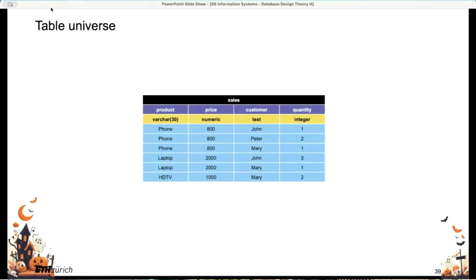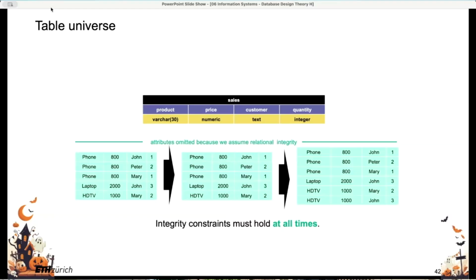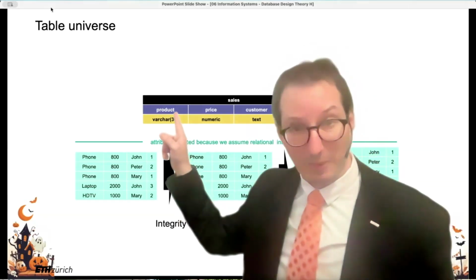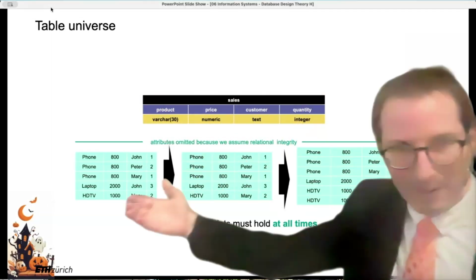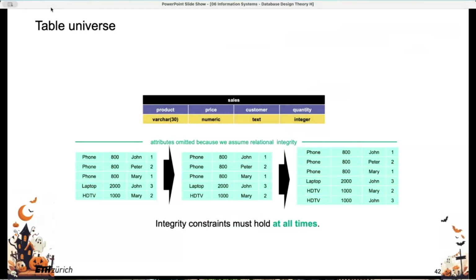So maybe at some point in time, the table looks like this, and then some records get eliminated or added, so it basically changes. What usually doesn't change, or at least more rarely, is the schema, right? So we have the schema, but there are multiple versions of the table over time. This is what we call a table universe.